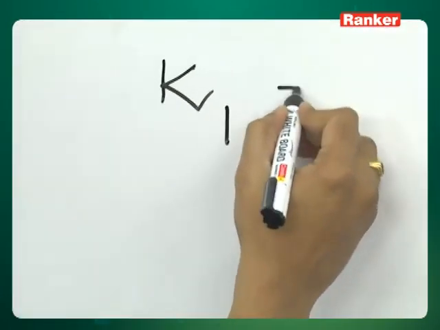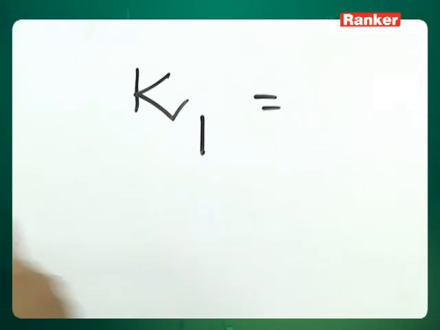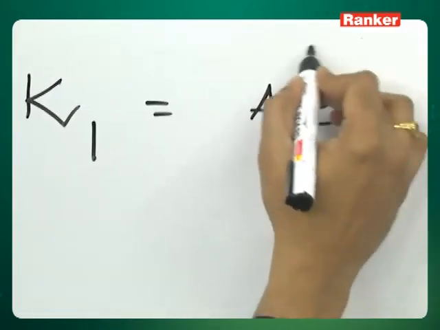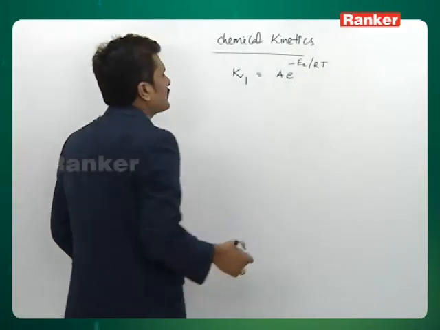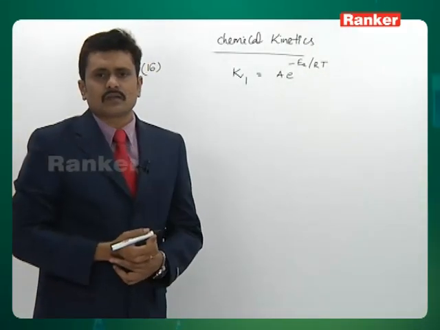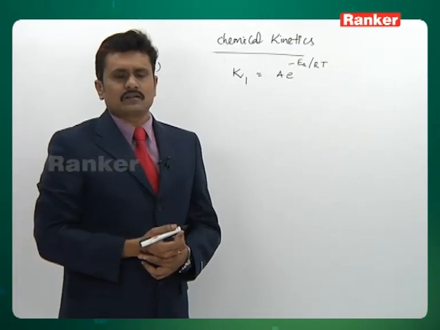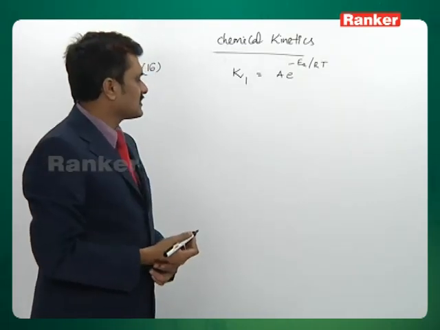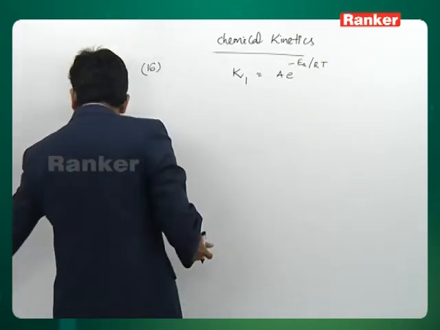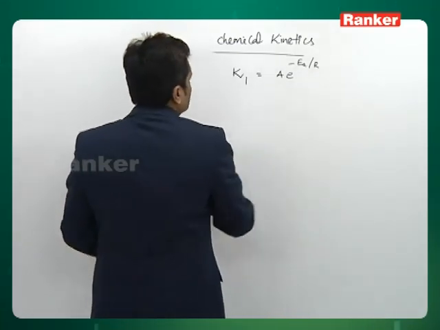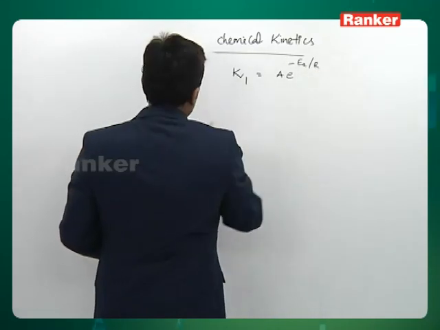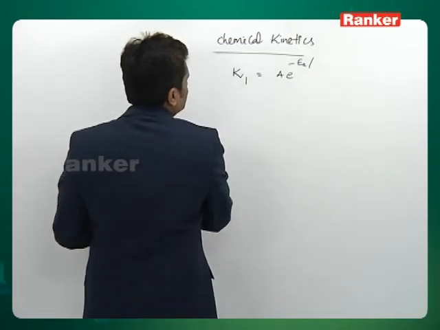Say the rate constant is K1 when the activation energy for the given reaction is EA, and the temperature is given to us as 300 Kelvin. So when I substitute the temperature here after knowing the equation, you can see that the temperature has been kept constant throughout. So it is 300 R.